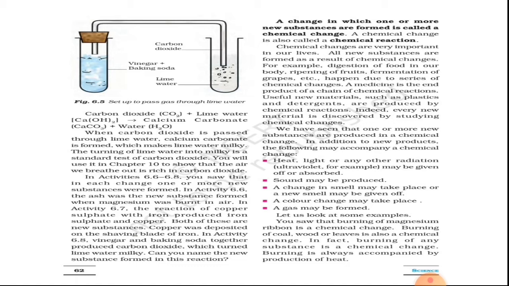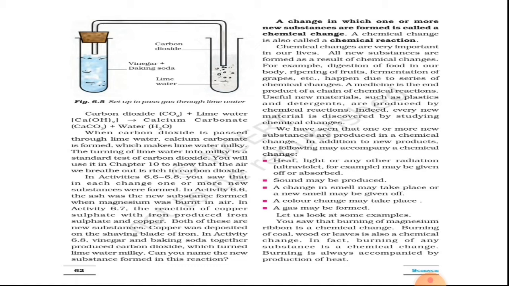Means whenever we pass this carbon dioxide through a pipe from the first test tube into the lime water solution, that carbon dioxide reacts with calcium hydroxide and it gives calcium carbonate plus water.